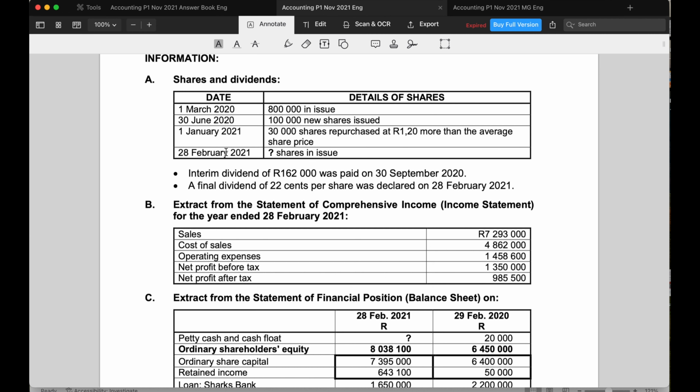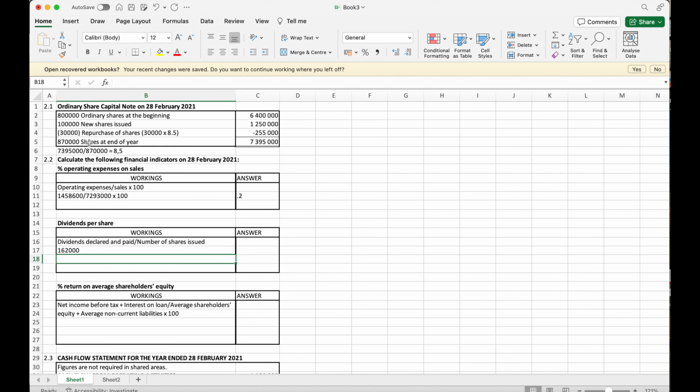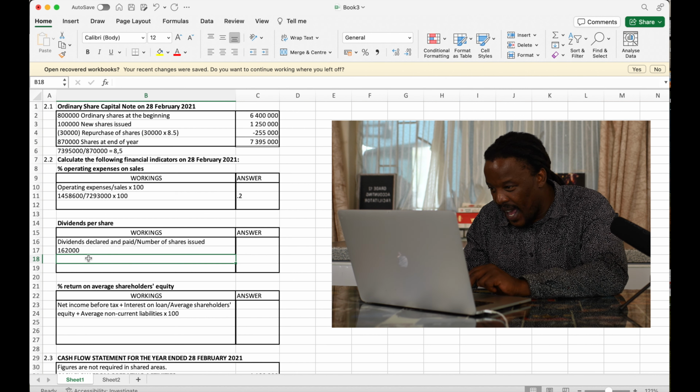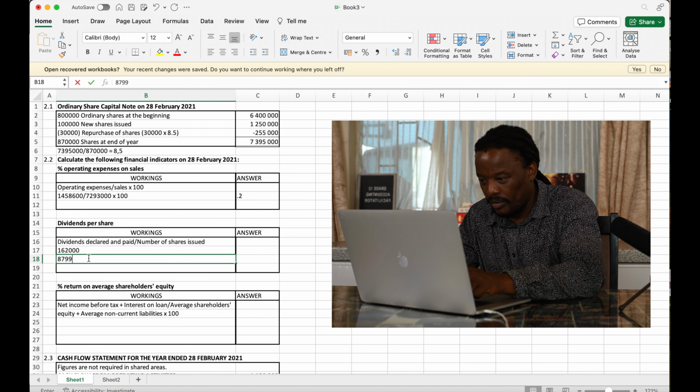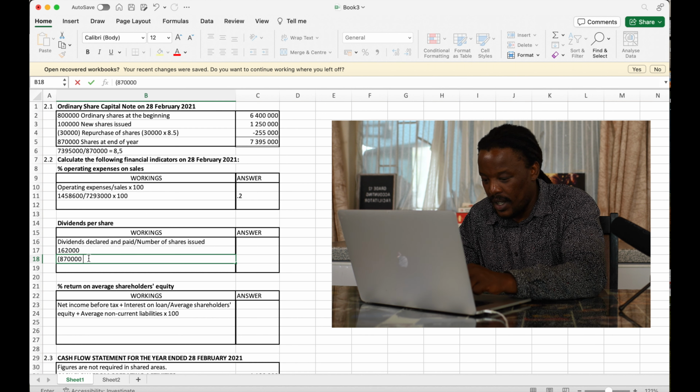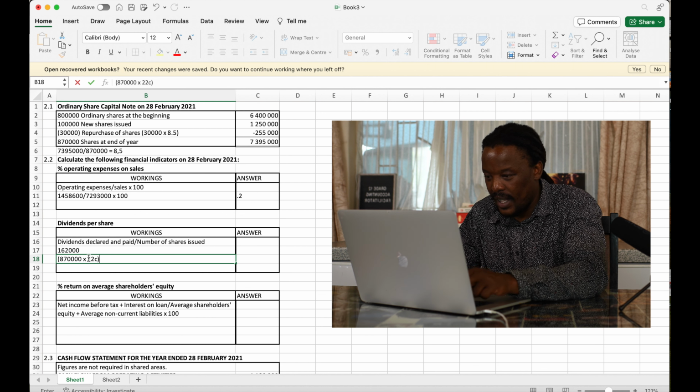If you don't know the number of shares issued, it becomes a problem, and you would have got that on the share capital account, where you have 870,000. 870,000 multiplied by 22 cents.